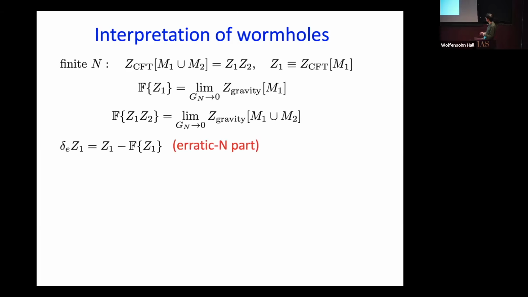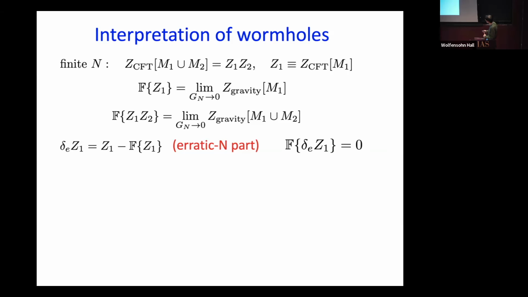Now using the properties of F I showed in the last slide, I isolate the erratic part of Z1, say, the partition function minus the filtered part. Of course, the filter on this erratic part should be 0.